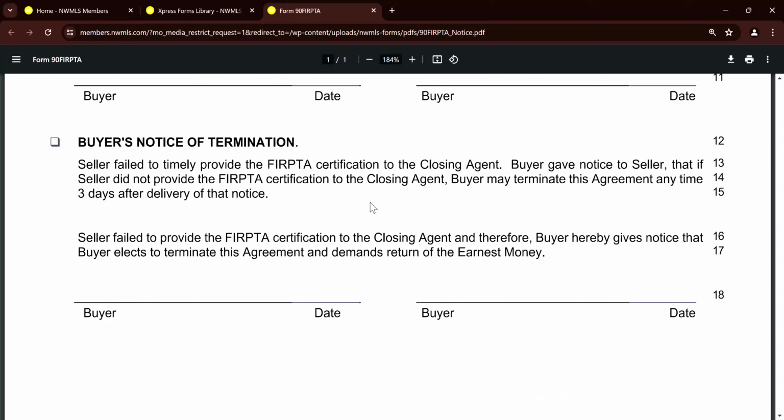Buyer's notice of termination: seller failed to timely provide FERPTA certification to the closing agent. Buyer gave notice to seller that if seller did not provide the FERPTA certification to closing agent, buyer may terminate this agreement anytime 3 days after delivery of that notice. Seller failed to provide it, and therefore buyer hereby gives notice that buyer elects to terminate the agreement and demands the return of the earnest money.